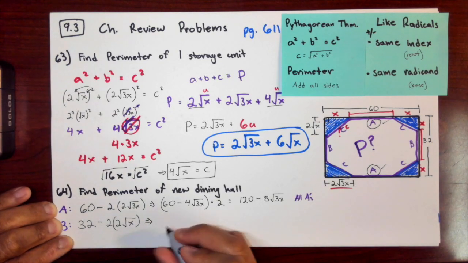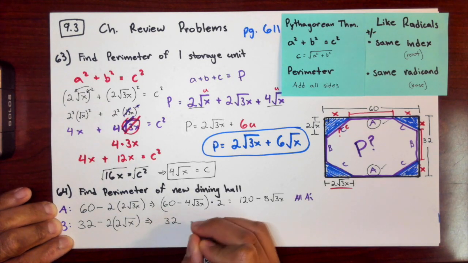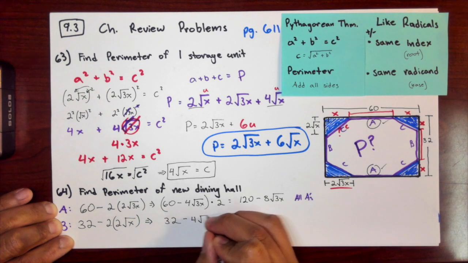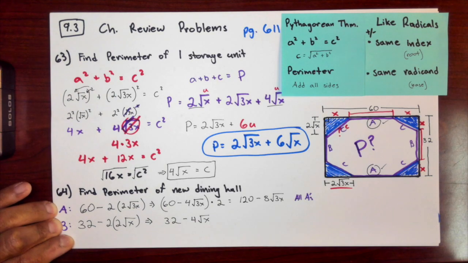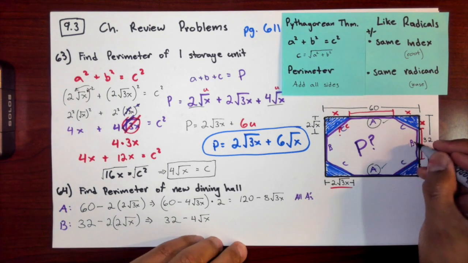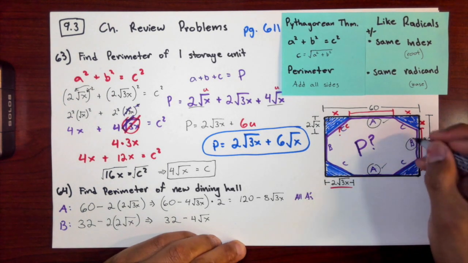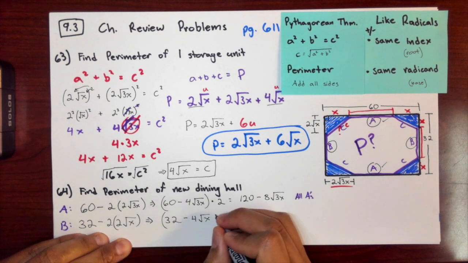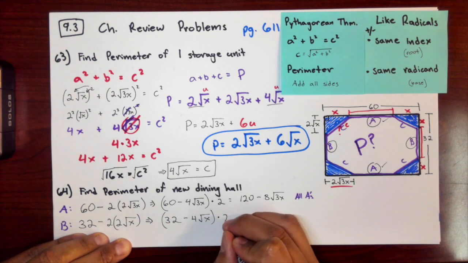Okay? And now when we simplify that, that's going to be 32 minus, distribute, 4 square root of x. Okay? Now, that is one of the b's, right? But we need to find both of them. So since there are 2 of them, we're going to go ahead and multiply this value times 2.